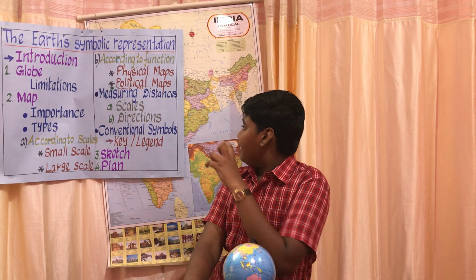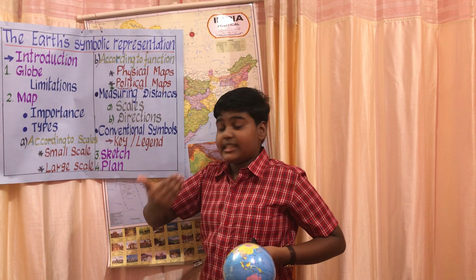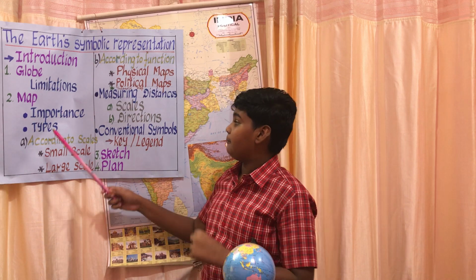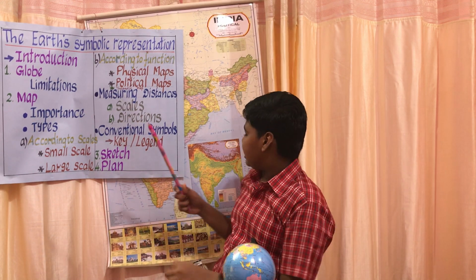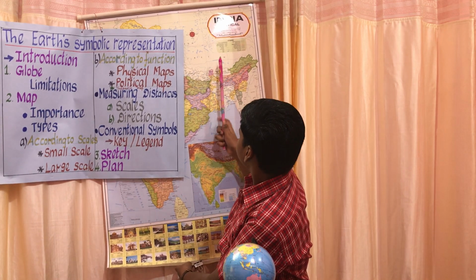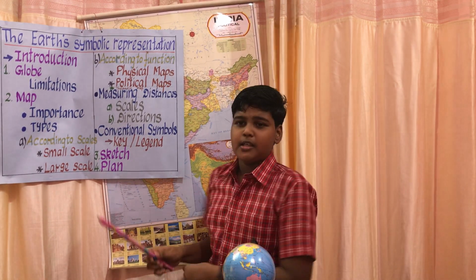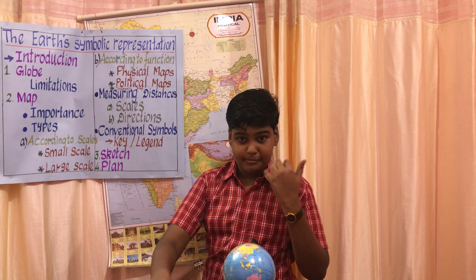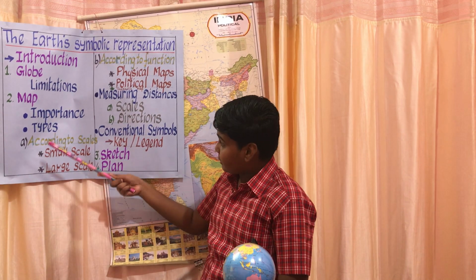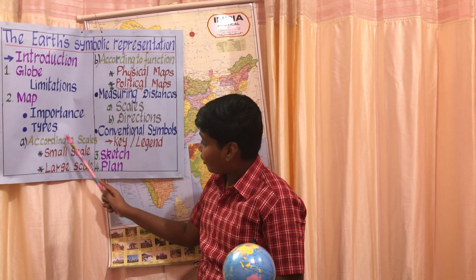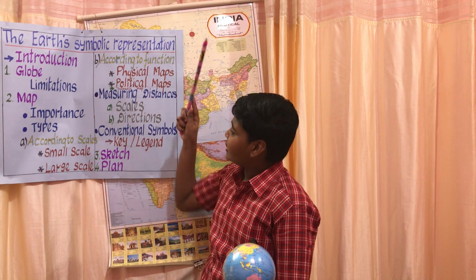For example, there will be many maps of India. Look at this one map, here is political and here is physical. So different types of maps show different types of information. But there are also different map types in them. They are according to scale and according to function.